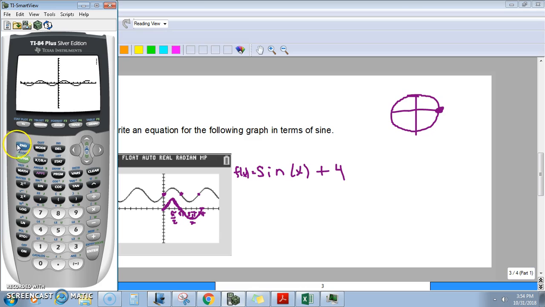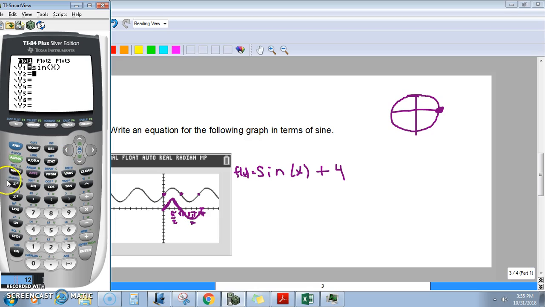And then if we move it up 4, let's see if that works. Oh, it's still thinking. If we have sine of x plus 4, and oh, it's going to be mad at me because I added an extra parenthesis, and graph that.